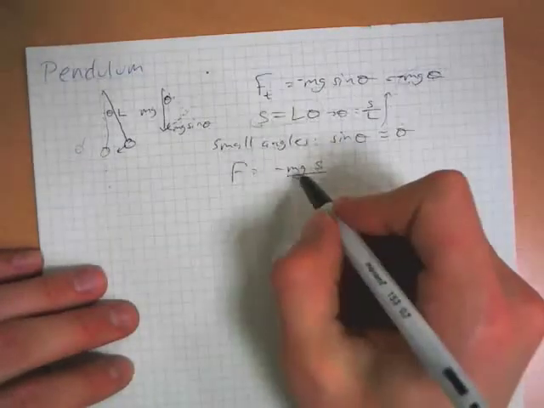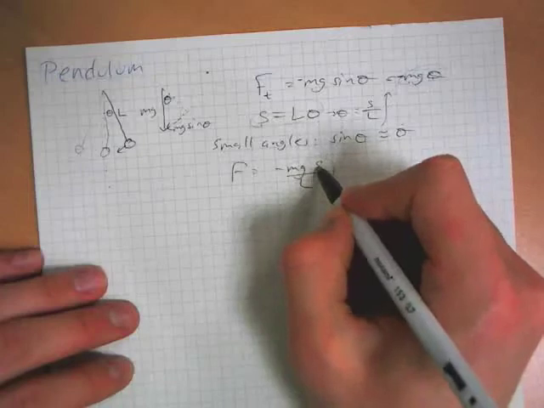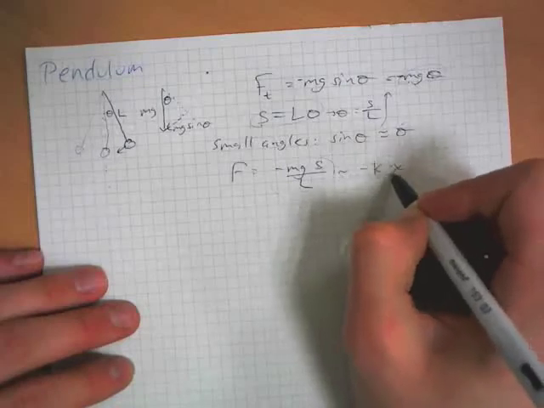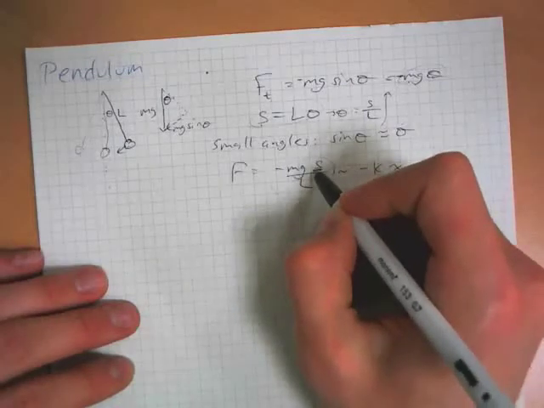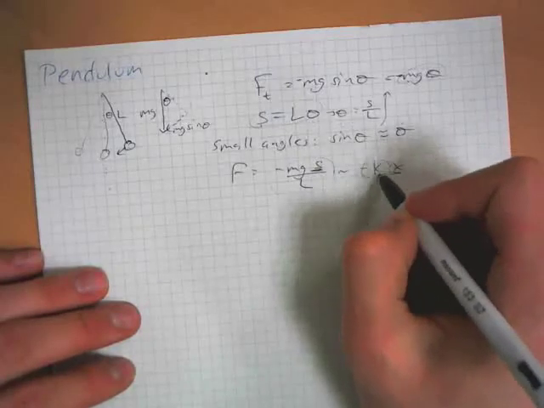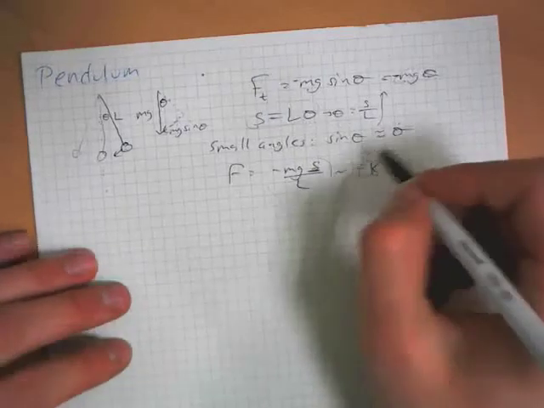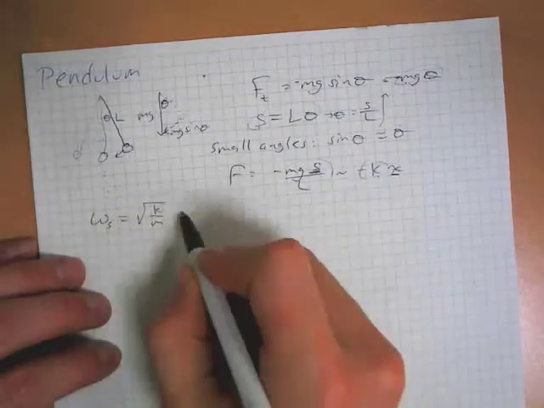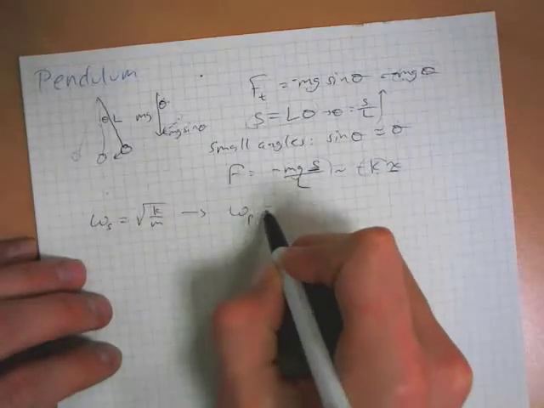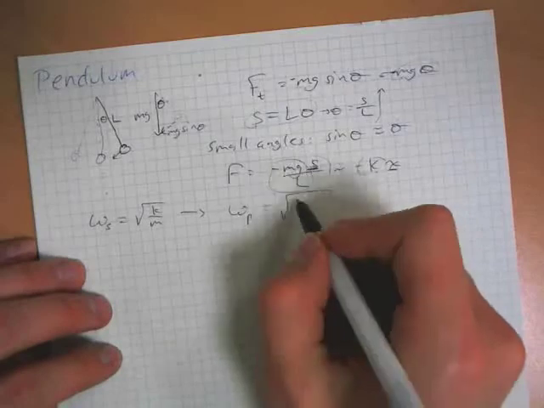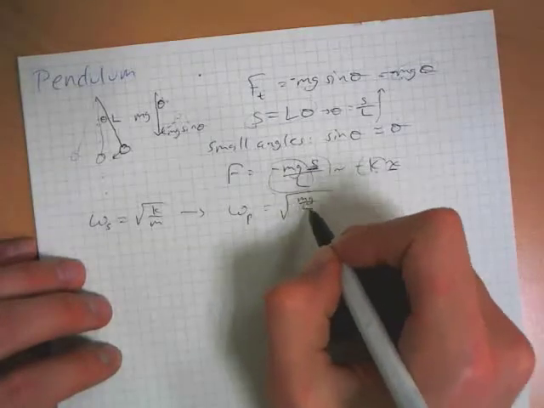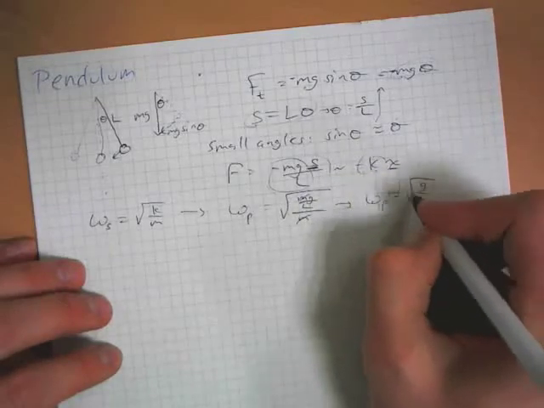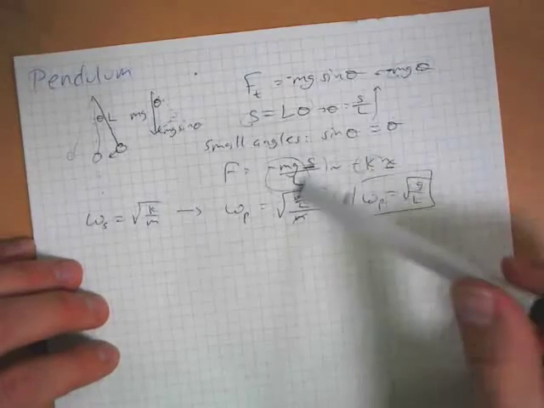And if we replace this arc length, this looks a lot like minus kx. This s is our distance from that equilibrium position, and this is a constant. So following that parallel, where omega for a spring is root k over m, we can say omega for a pendulum is root, this is like k, mg over L, over m, and the m cancels out, and we get that omega for a pendulum is just root g over L. Right?